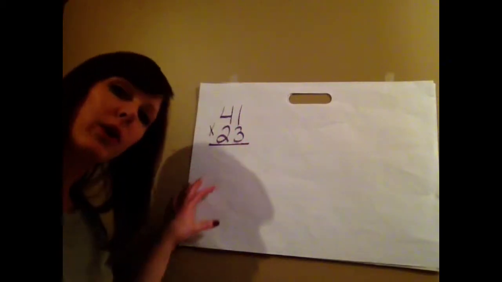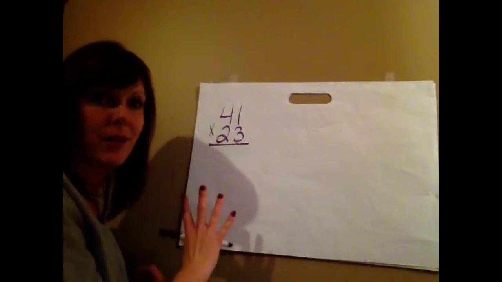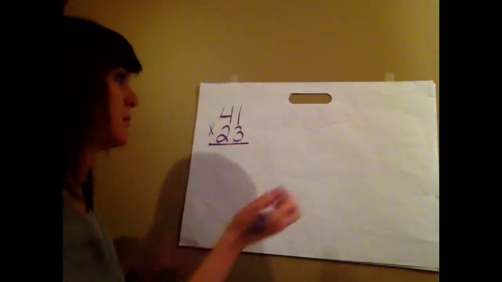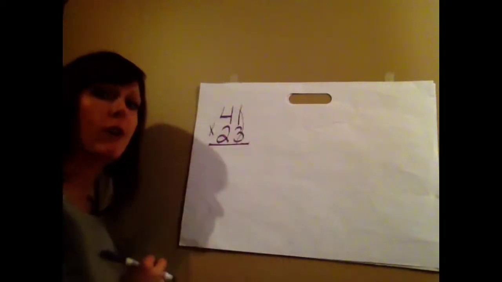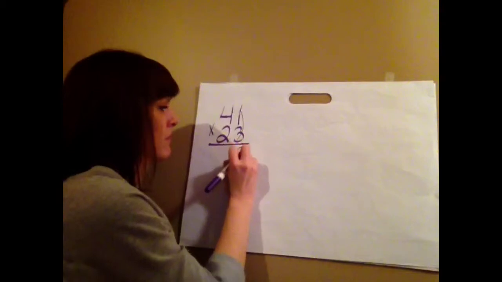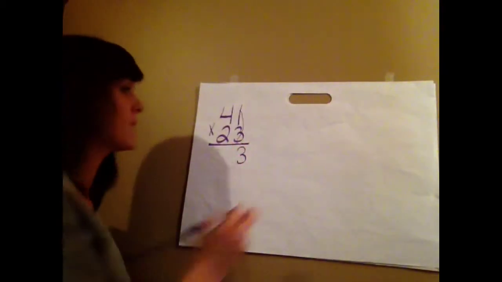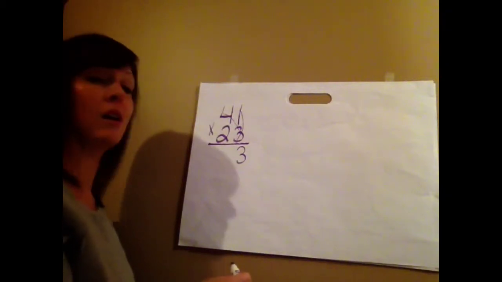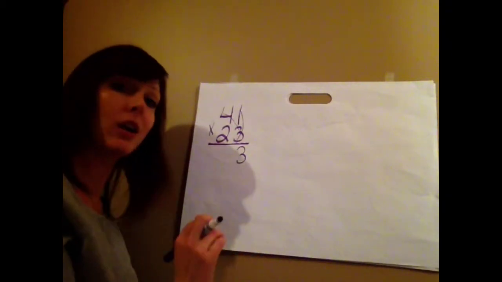Okay, go ahead and work this out with me as I'm working it out on the board. Just like in the last problem, we're going to go up with it. 3 times 1 is 3. Okay. 3 times 4 is 12.